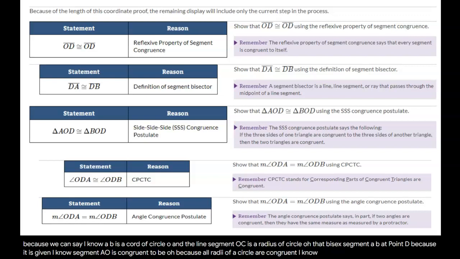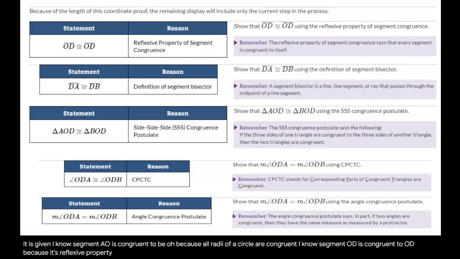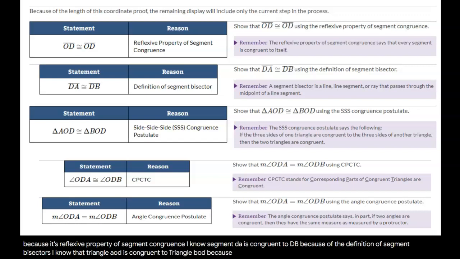I know segment OD is congruent to OD because of the reflexive property of segment congruence. I know segment DA is congruent to DB because of the definition of segment bisector. I know that triangle AOD is congruent to triangle BOD because of the side-side-side congruence postulate.